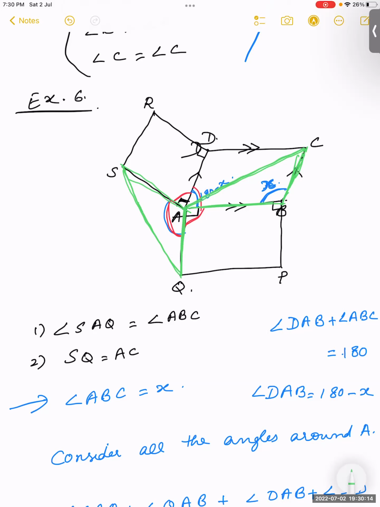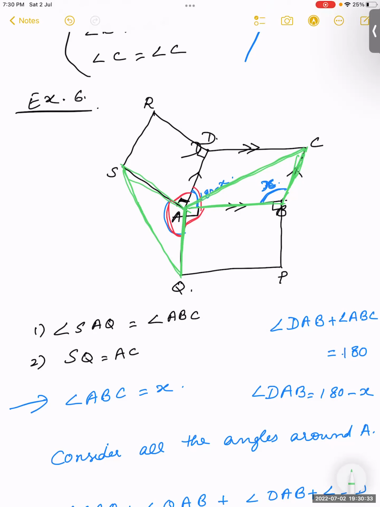In a parallelogram, the diagonal equally divides the parallelogram into two equal triangles. So you can choose ABC or ADC. That doesn't matter. Is it clear? Yes or no? Okay.